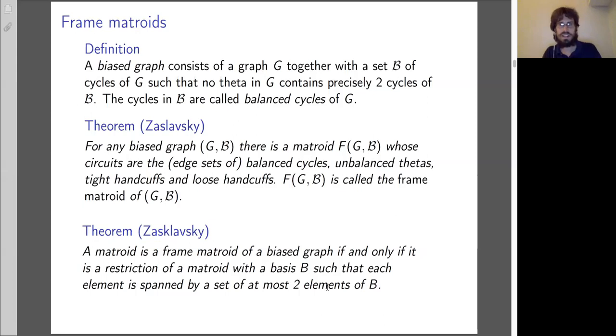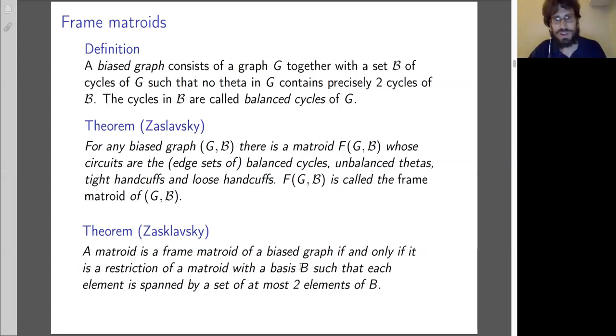So this should be very reminiscent of the frame matrices that we started with, because this condition that in each column you have at most two non-zero entries is just saying that this column is spanned by two elements of the canonical basis for the free vector space on the set of vertices.